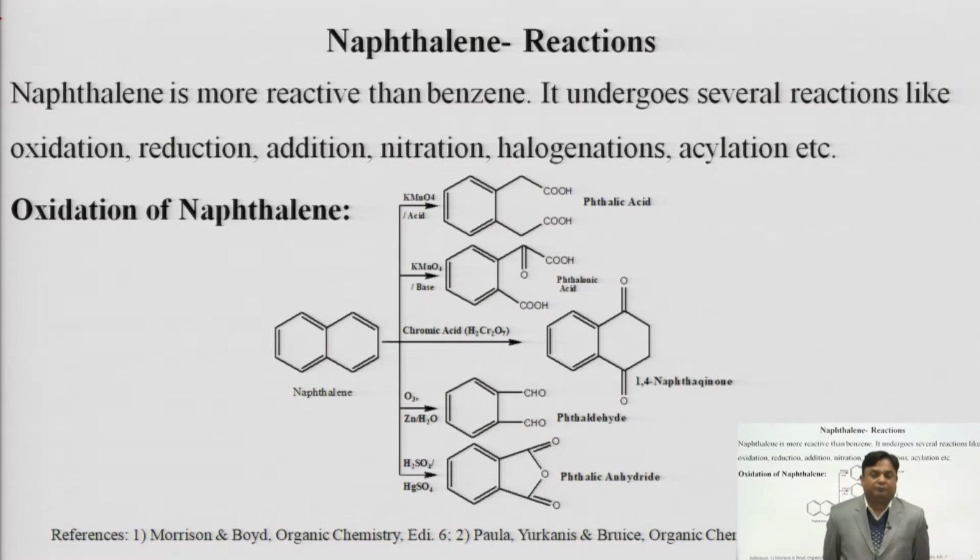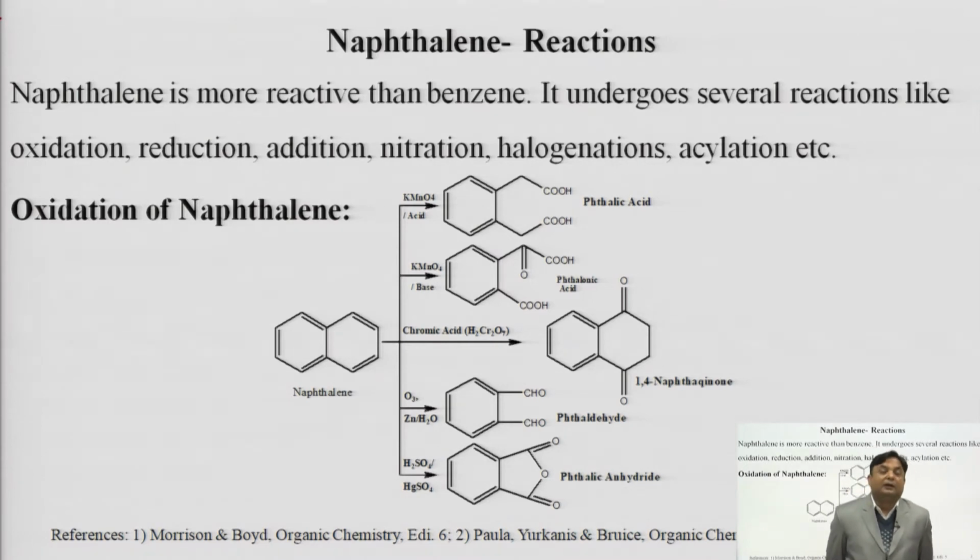Because of this perpendicular position of the p orbitals, there is also an electron cloud above and below the plane of naphthalene.